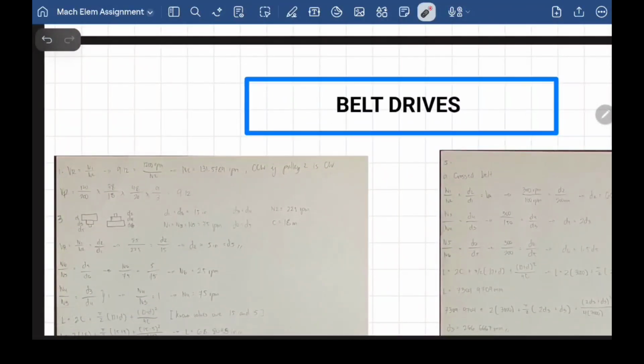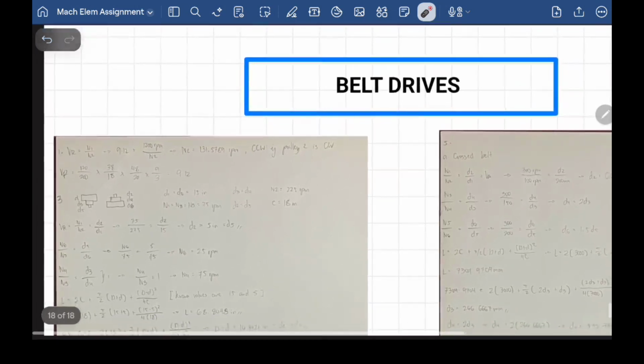So for number one, this is the same as the last assignment, which is the gear trains, wherein we make use of the formula of the velocity ratio is equal to the speed of gear 1 over gear 2. But we find the value of the velocity ratio using the diameter multiplied by the teeth of the driven over the driver.